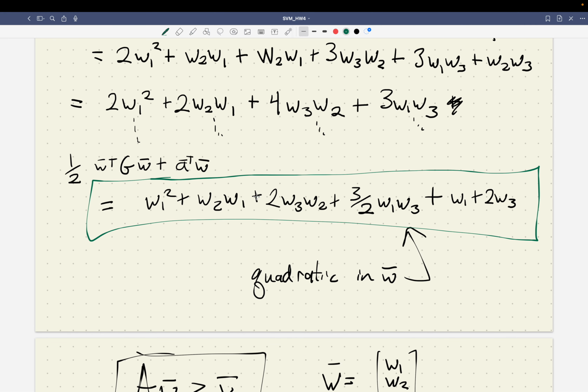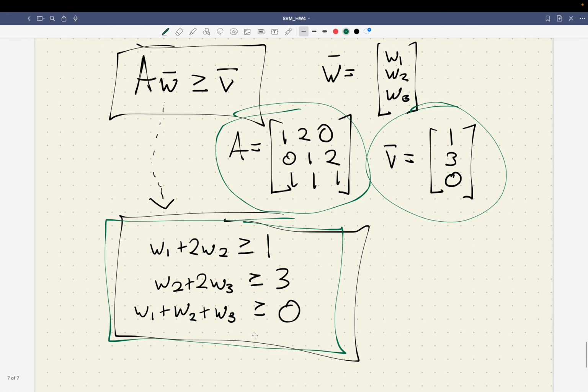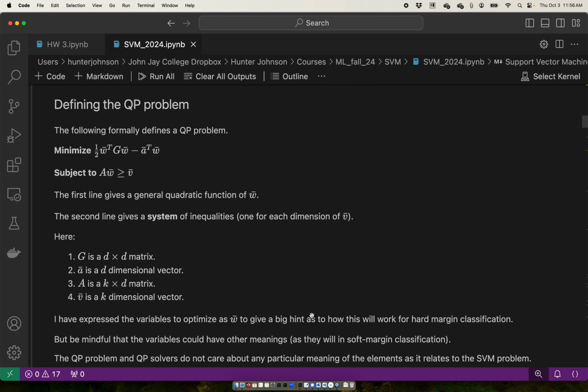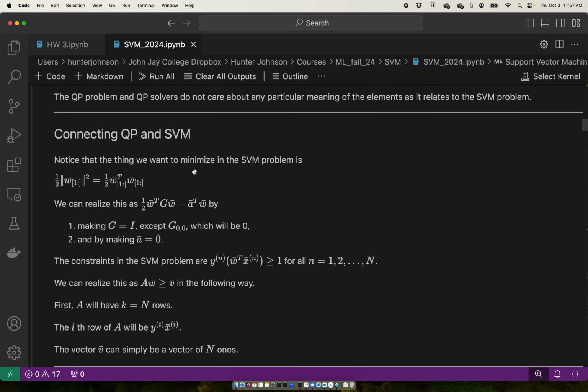There is an optimum, and that's what quadprog does: it finds the values of the vector W that optimize this subject to these constraints. So because our optimization problem to find the maximum margin boundary is a quadratic programming problem, quadprog can train the support vector machine. And that's what all that's saying.